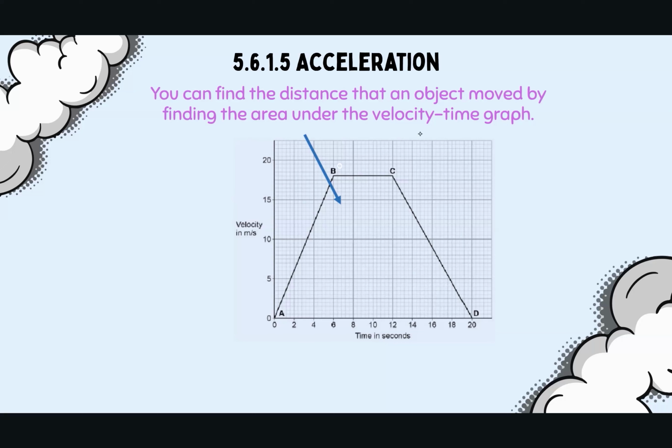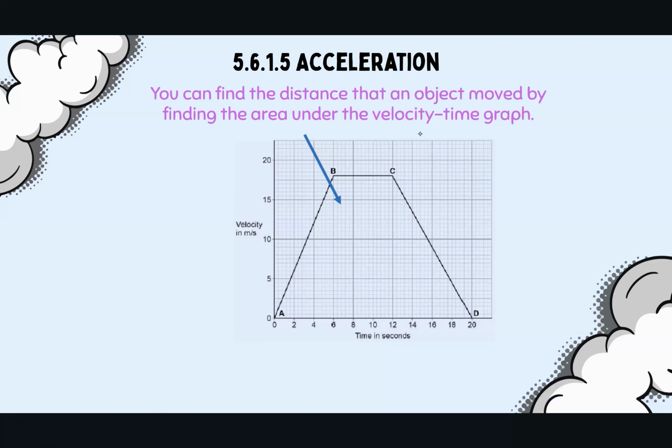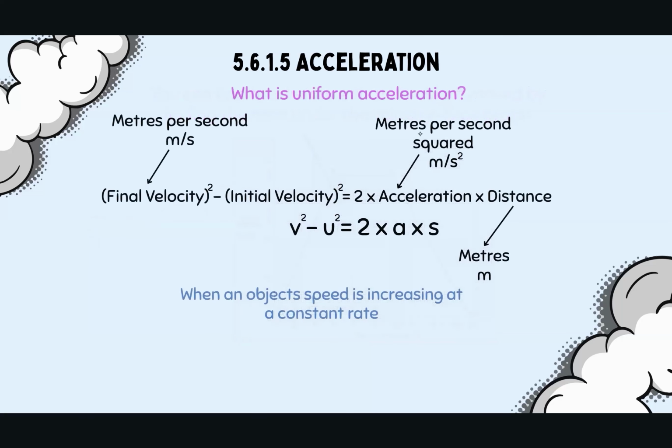So you just have to work out the area of a trapezium, which is half times the two lengths that are parallel to each other, times the height, as in the distance between A and B. Or you can split it up into two triangles and a rectangle in the middle. Whatever works best for you.